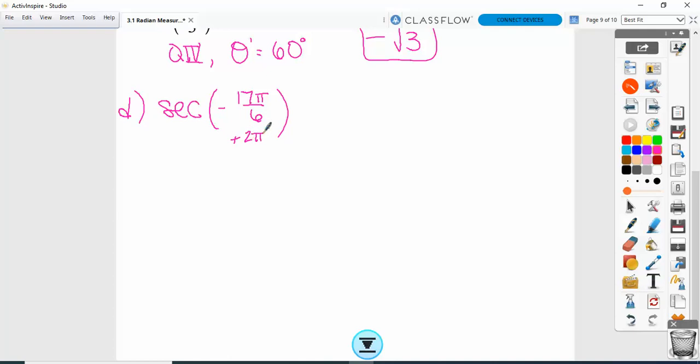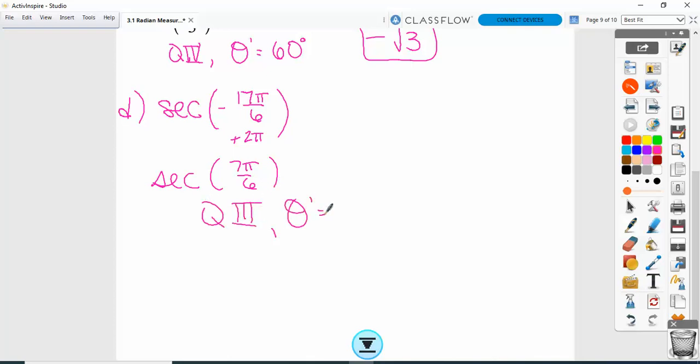So you just have negative 17 over 6 plus 2. And that's still negative, right? So we do it again. So plus 2. And what do we get? What quadrant is 7 pi over 6 in?